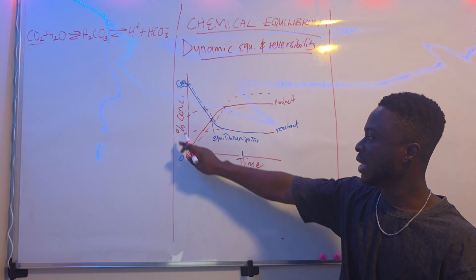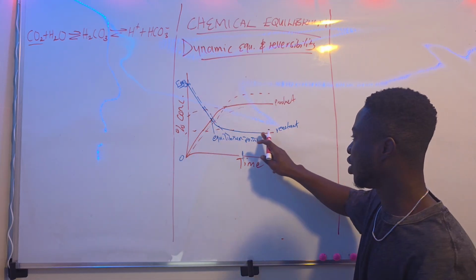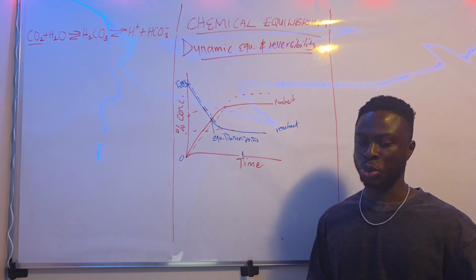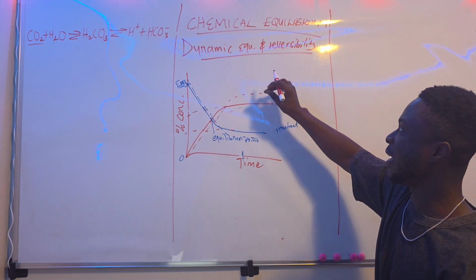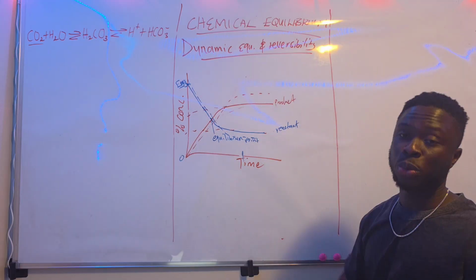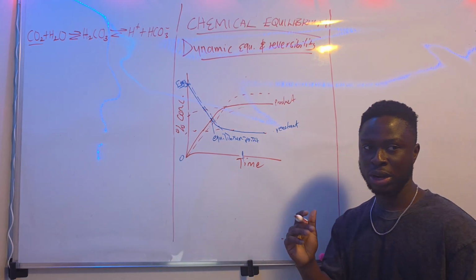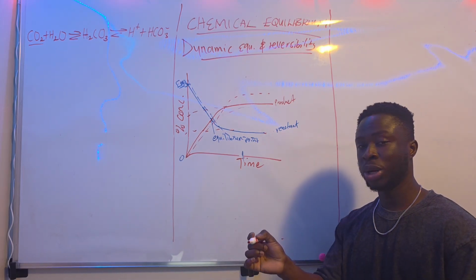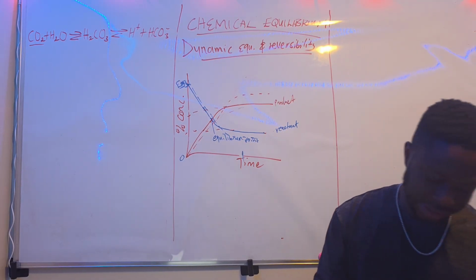As you see, the concentration of the product over here is a little bit higher than the concentration of the reactant down here. So this is what we call dynamic equilibrium, and it only occurs in reversible reactions. Reversible reactions are when the reaction can go forward to produce your products, but those products can also combine and come back to produce their reactants.